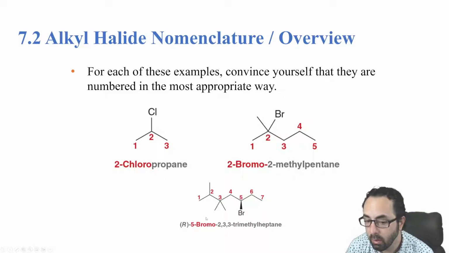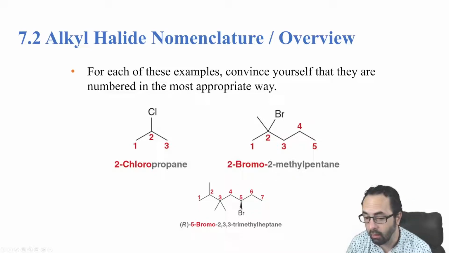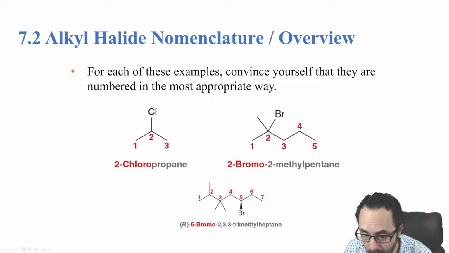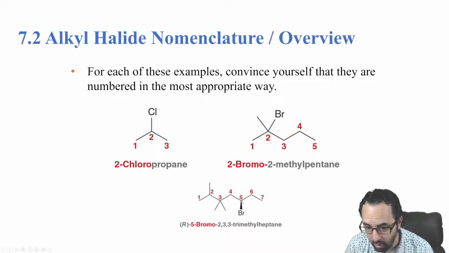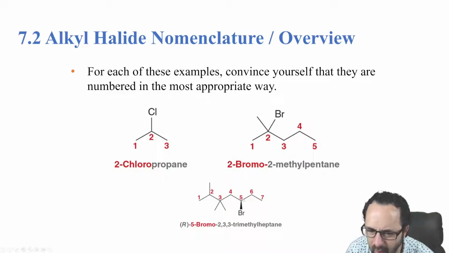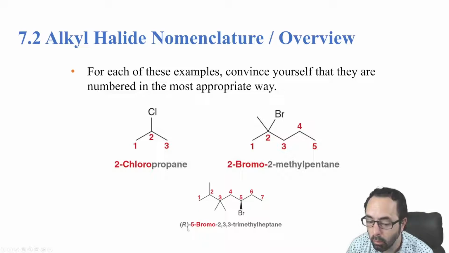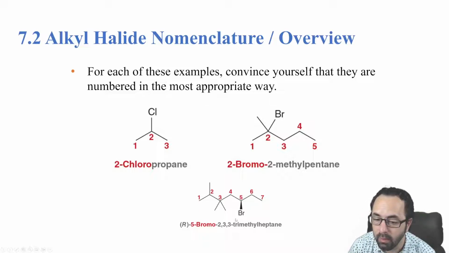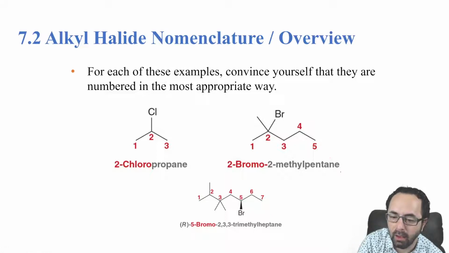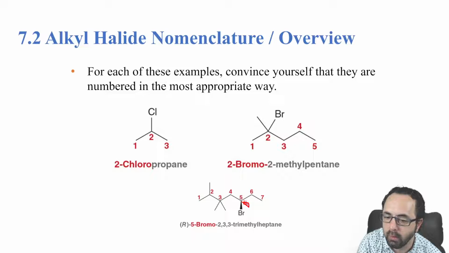In addition, we can have stereoisomerism. And so if we have a chiral carbon, for example, the 5th carbon here is chiral, we're going to have to determine if it's R or S, and we'll put that at the beginning of the name in parentheses. And so in this case, the lowest priority group will be the hydrogen, the dash right here. So that's priority 4. The bromine will be priority 1.